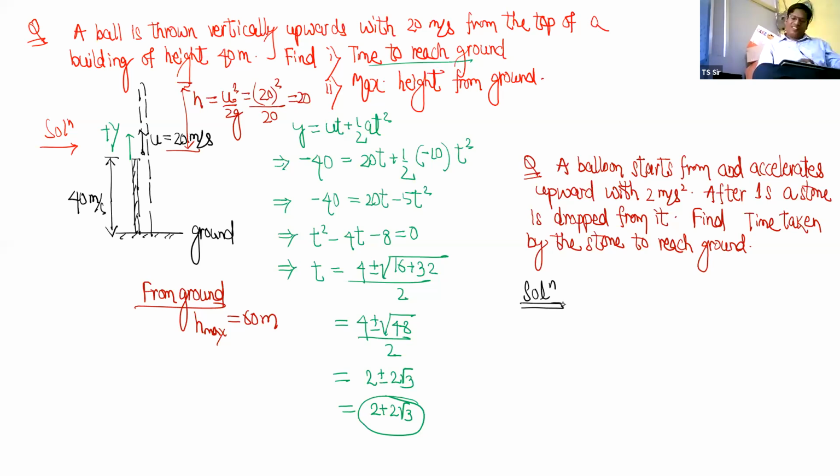That means the stone is dropped from some height with some velocity, which is not given directly. So first you need to solve for the balloon and find out where it is after 1 second, at what height, and what is the velocity of the balloon. That will give you the height and the initial velocity of the stone.